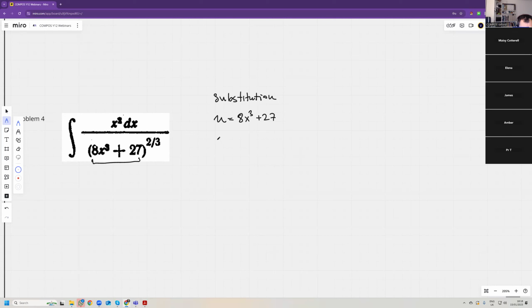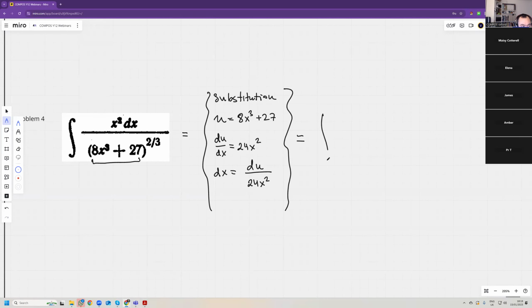I immediately differentiate, so I find du dx, and that is 24x squared. And from here, I can express dx as du over 24x squared. So I make dx the subject, and then I can substitute.